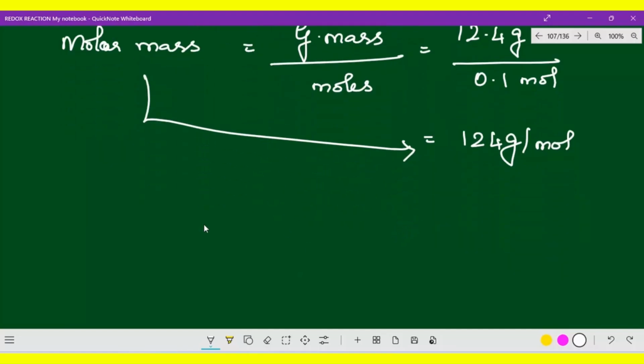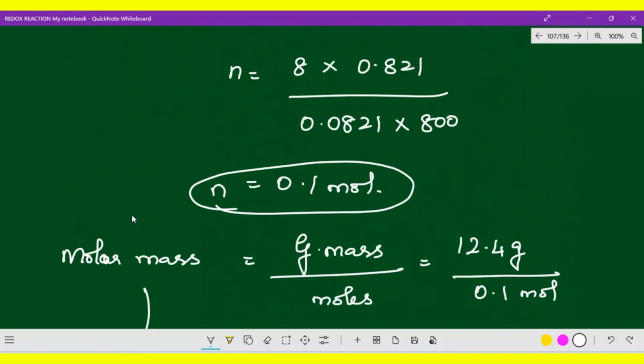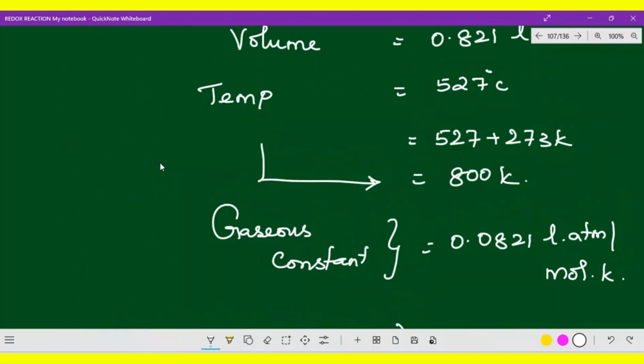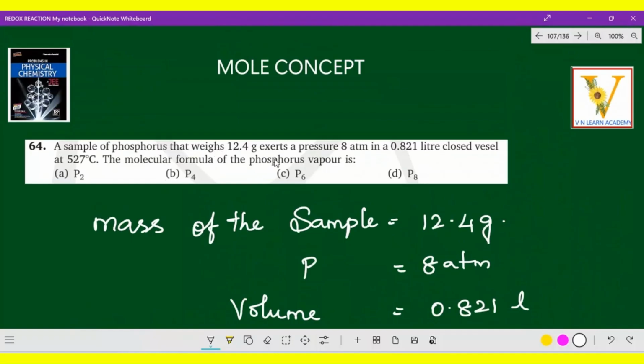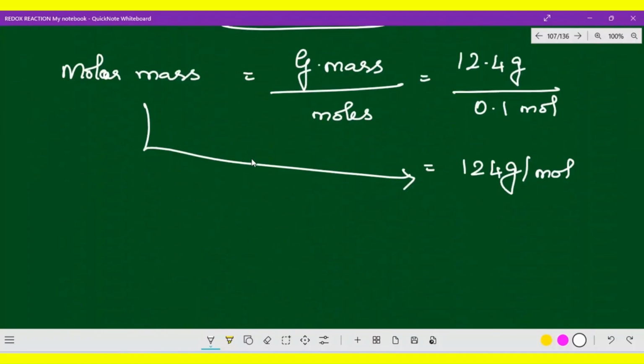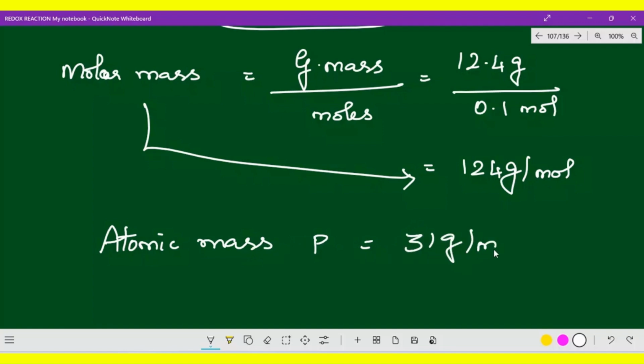Now they are asking about phosphorus vapor, the molecular formula of phosphorus. So the atomic mass of phosphorus, because the molecular mass we found is the molar mass. The atomic mass of phosphorus is actually 31 gram per mole.